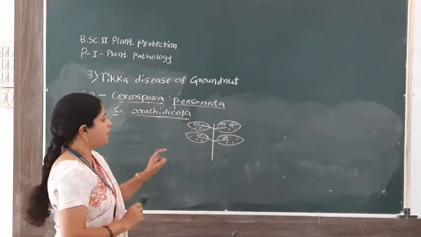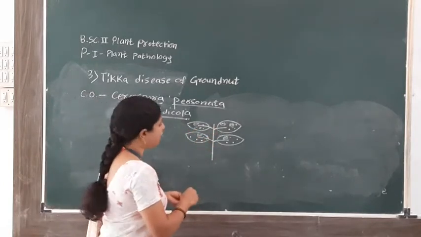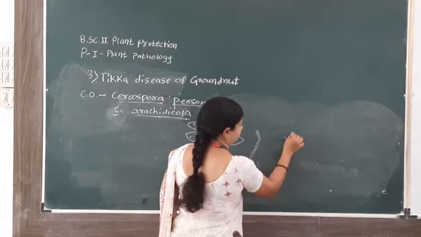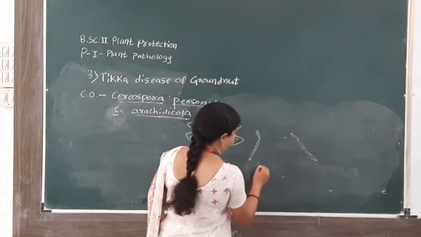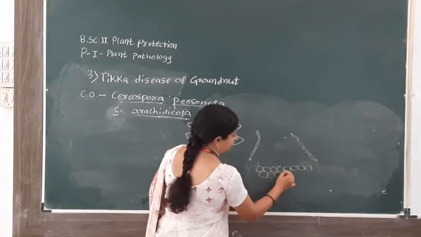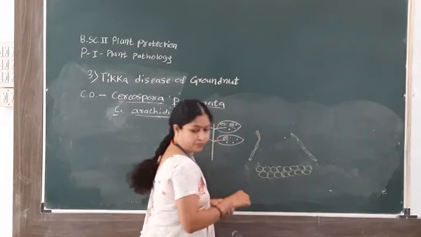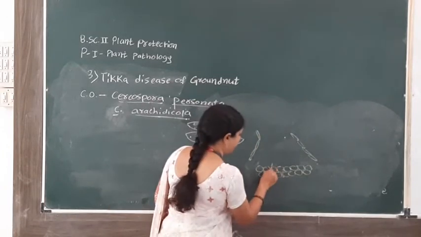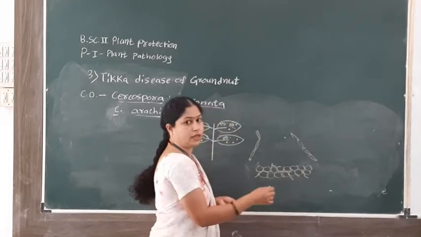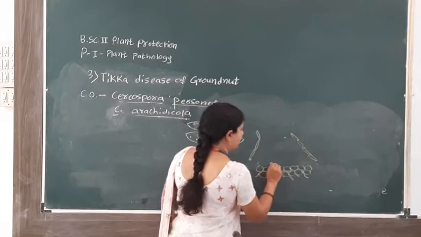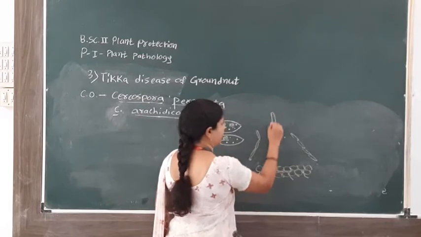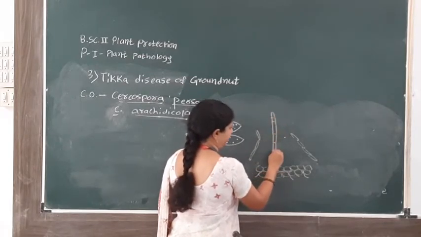When we take the TS passing through this disease, we can see the ruptured epidermis and the fungal mycelium spread inside the host tissue for anchorage and for taking nourishment, while some of the mycelium gives rise to such raised structures, which are septate.